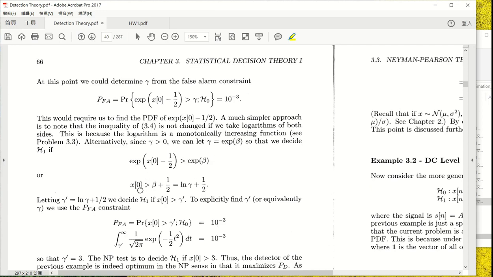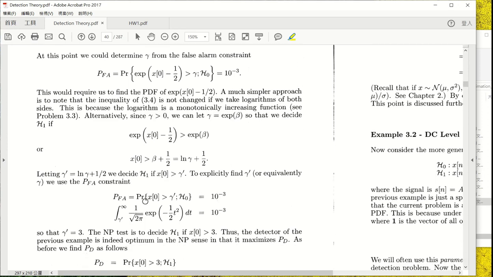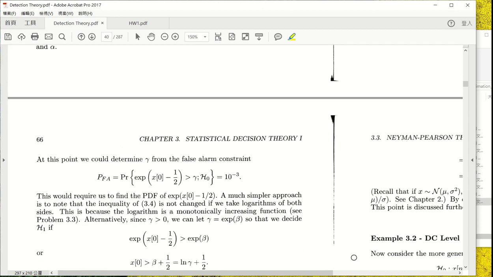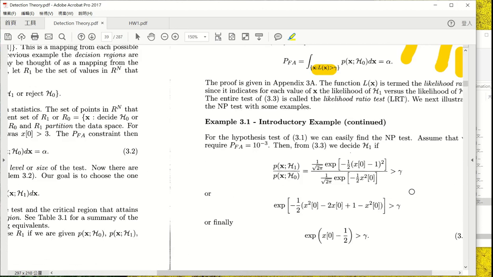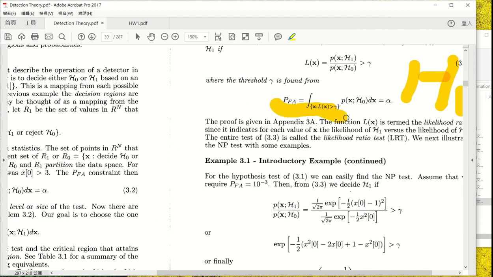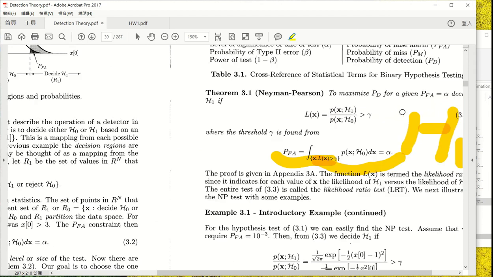Then you get something like that. And then PFA is equal to this, and so you want to integrate this to this. So let me go a little bit slower. This thing is actually this. Okay.